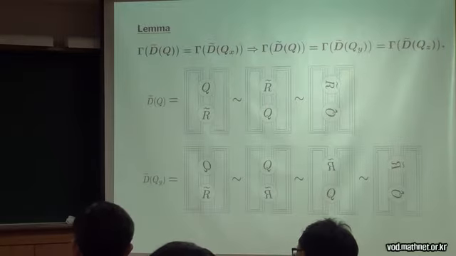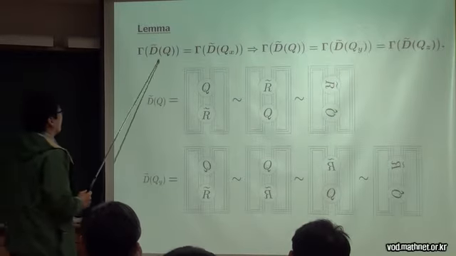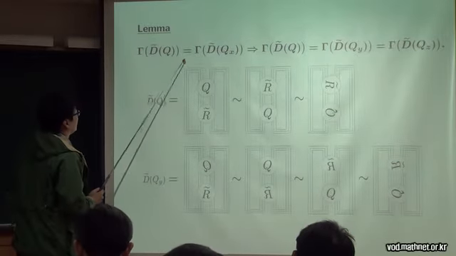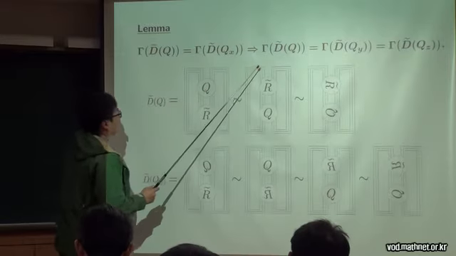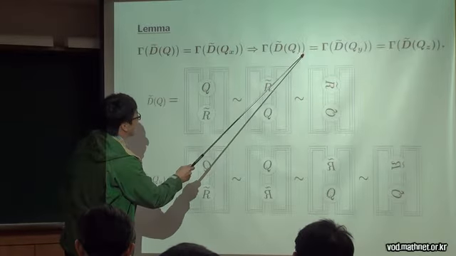And we have this lemma: if we have this equality, then we have these equalities.